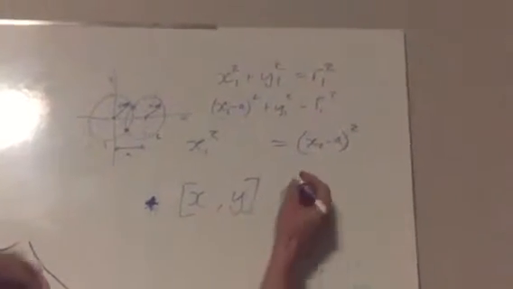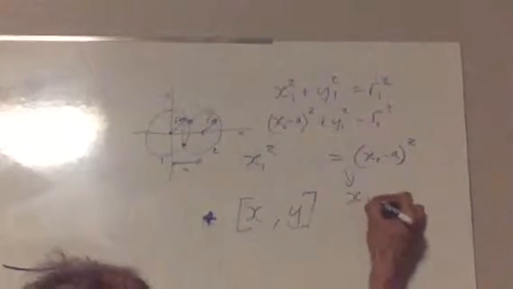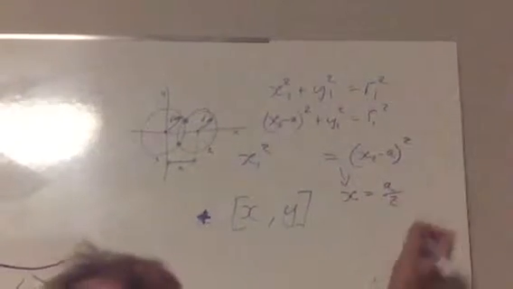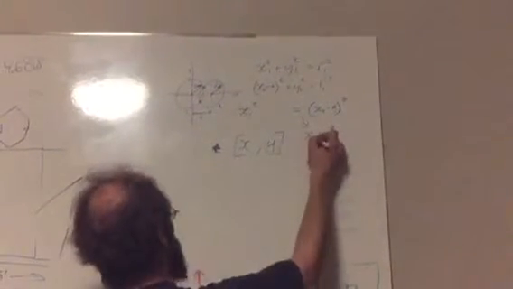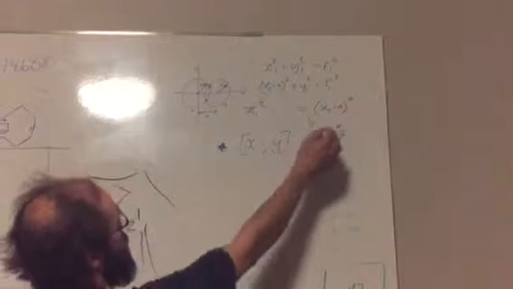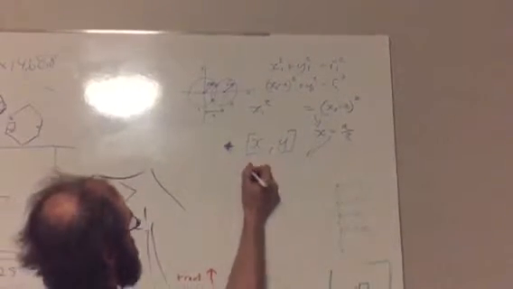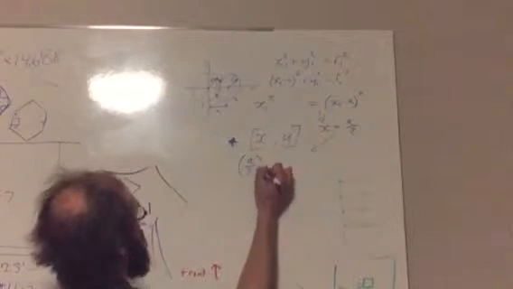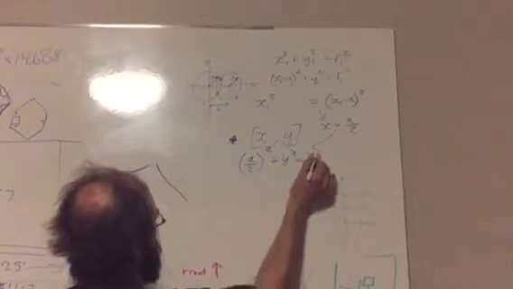And what you ultimately end up with is that the x coordinate where they intersect is a over 2, which is kind of intuitive if they are the same radius. So it's going to be halfway in between the centres. Then you feed that back into either one of those equations: a over 2 squared plus y squared equals r squared.